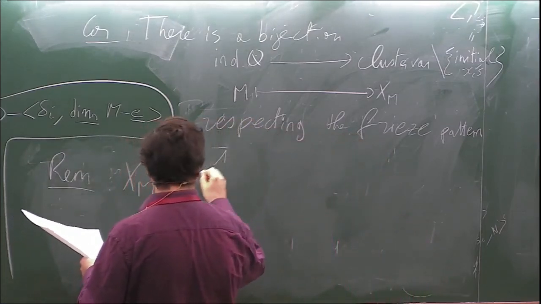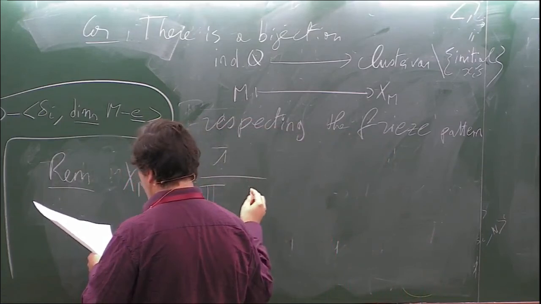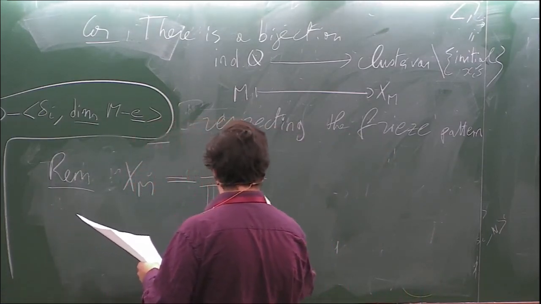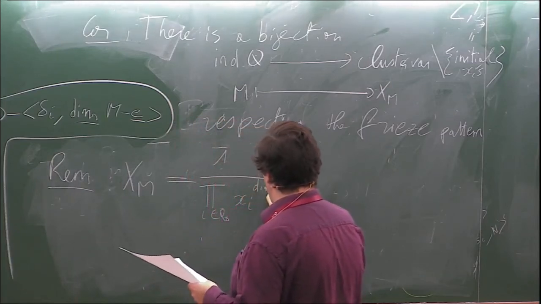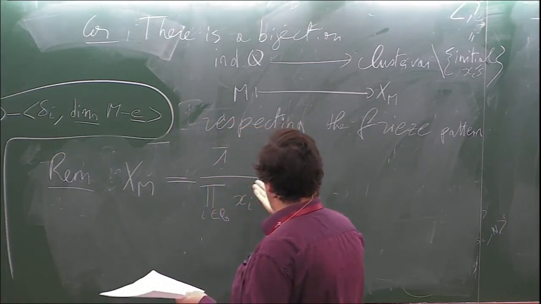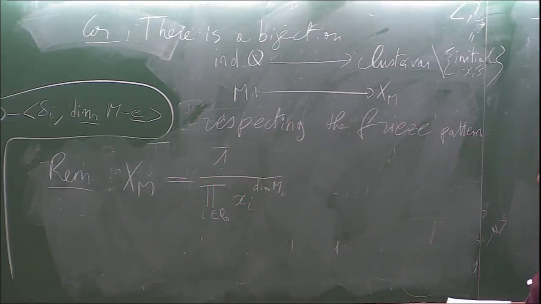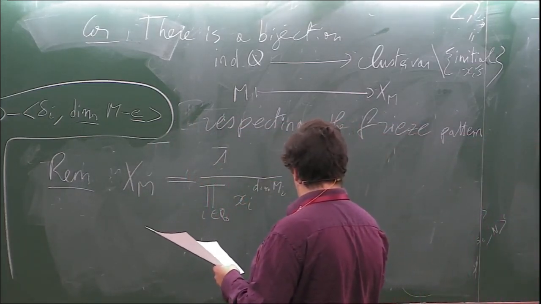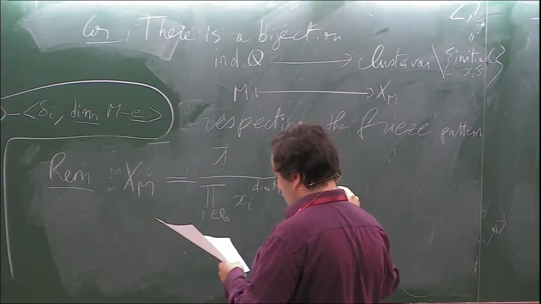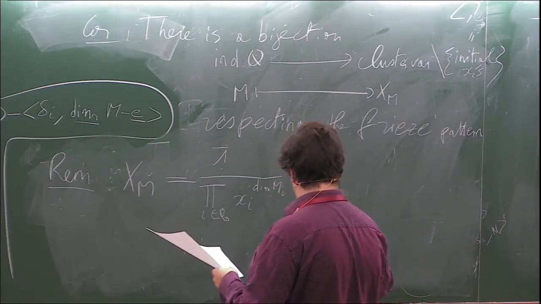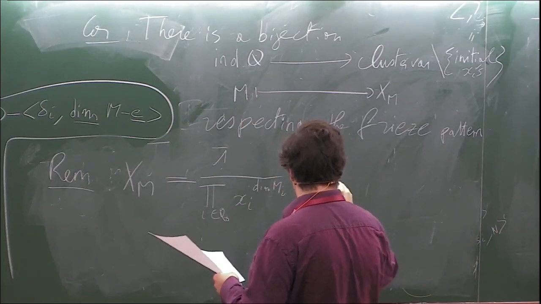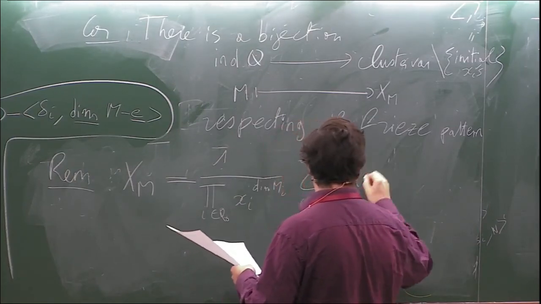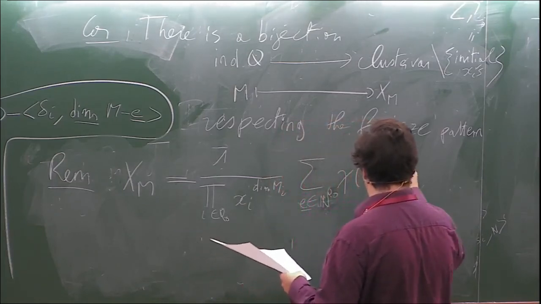It can be written in the following way: 1 over the product for i in Q0 of xi to the dimension of mi, or in other terms, the ith entry of the dimension vector, times the sum for e in N to the Q0 of the Euler characteristic, so the same formula essentially.